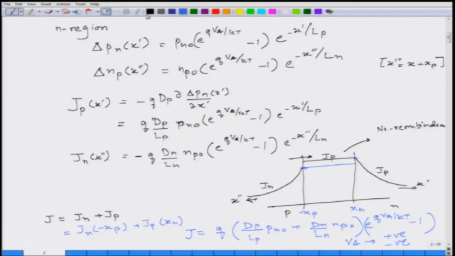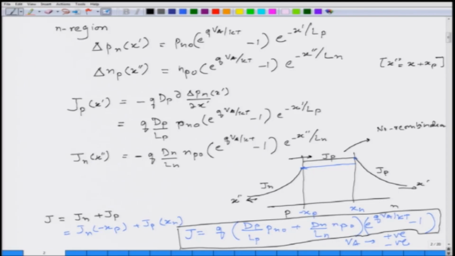So, basically I now have a current density voltage expression for my ideal PN junction, and this will give me my JV characteristics for the ideal PN junction. For forward bias, I will put the positive voltage for V A, and for the reverse bias, I will put the negative voltage for V A.